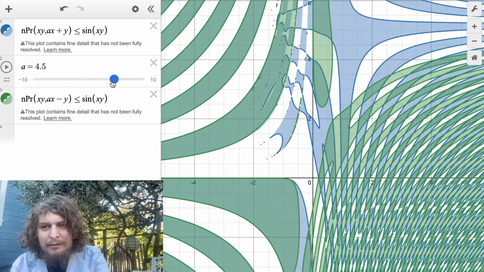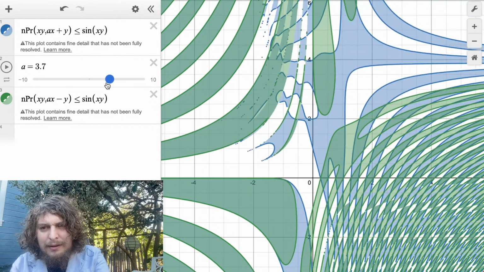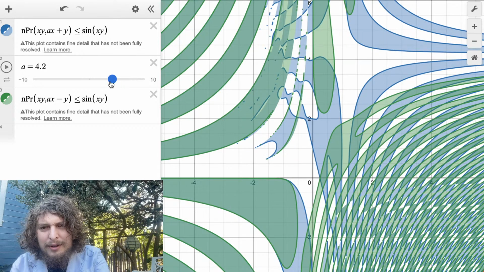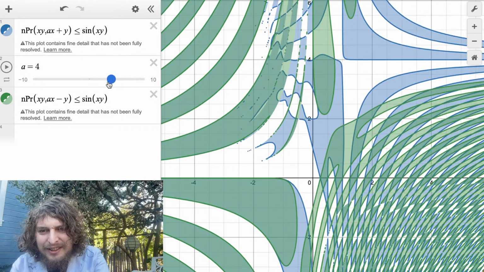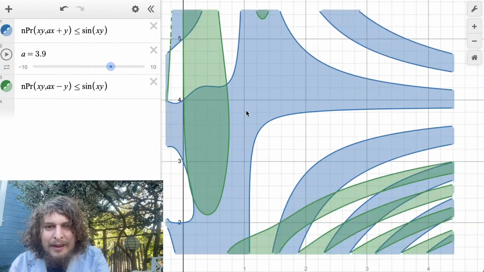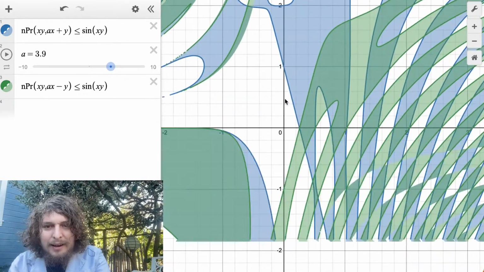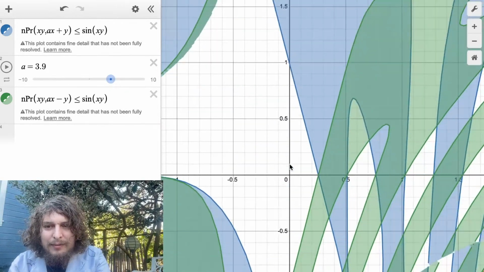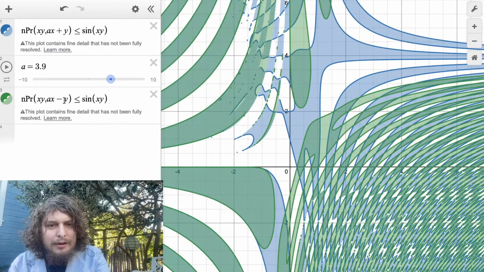What happened there? That really looked like it touched on the way there. So sometimes they must touch when they look like they don't, because this one actually does end up touching, dependent on the a.